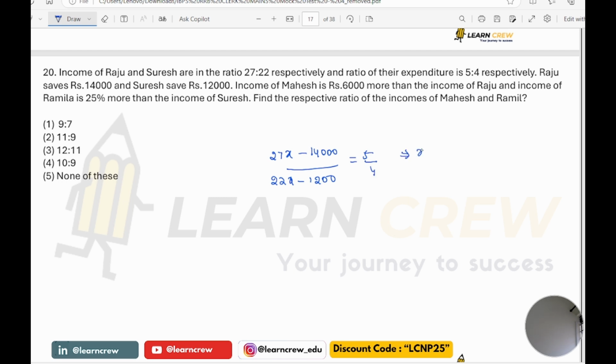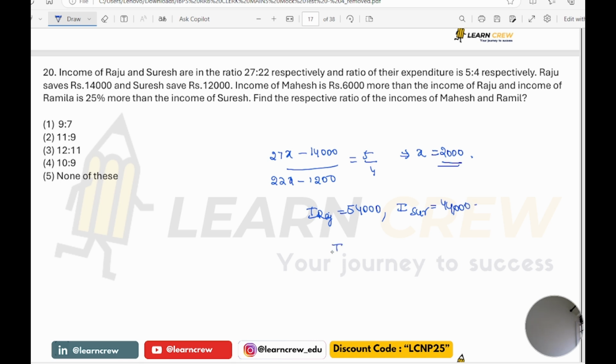From this I will get x equal to 2,000. If x is 2,000, income of Raju would be 27x, which is 54,000, and the income of Suresh would be 22x, which is 44,000.